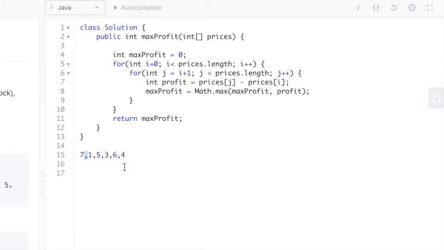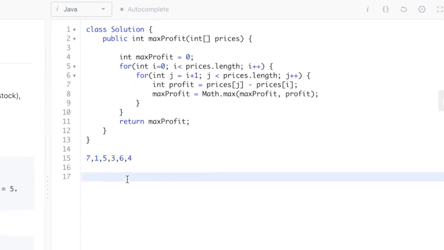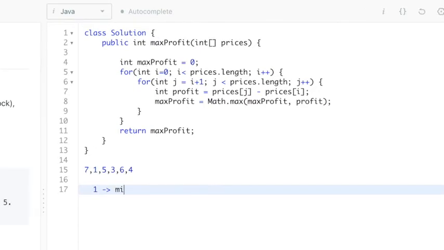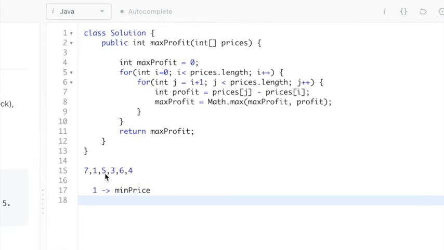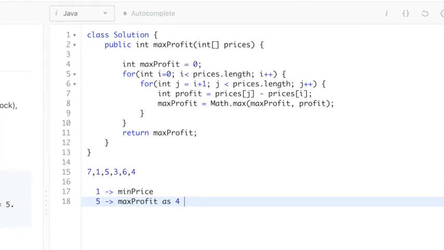So in this example, here we see a decreasing value in the stock prices and we find a minimum value of 1, and let's say we store it in a variable called min price. So once we have found the min price, we'll have to check for the next maximum value. So at this step, once we reach 5, we'll have the max profit as 4 and min price will be still 1.